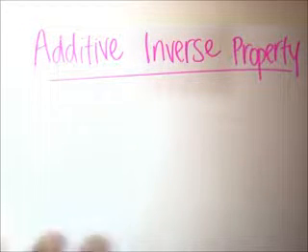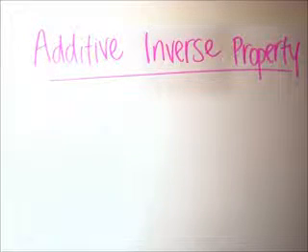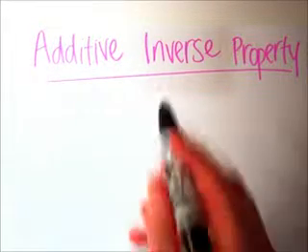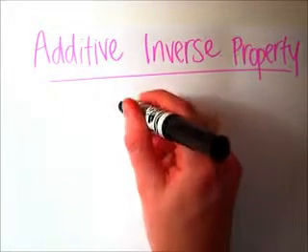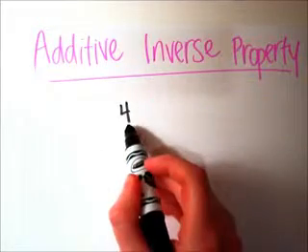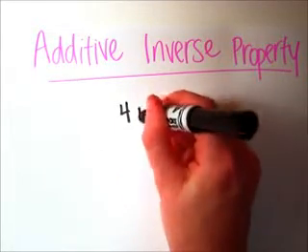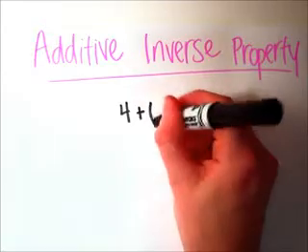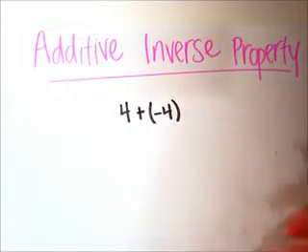All right, the additive inverse property. A lot of times students get confused between the additive identity and additive inverse. So when we're thinking about inverses here, this is saying, suppose you had 4. You can take any number and add to it its opposite. The opposite of 4 is negative 4.